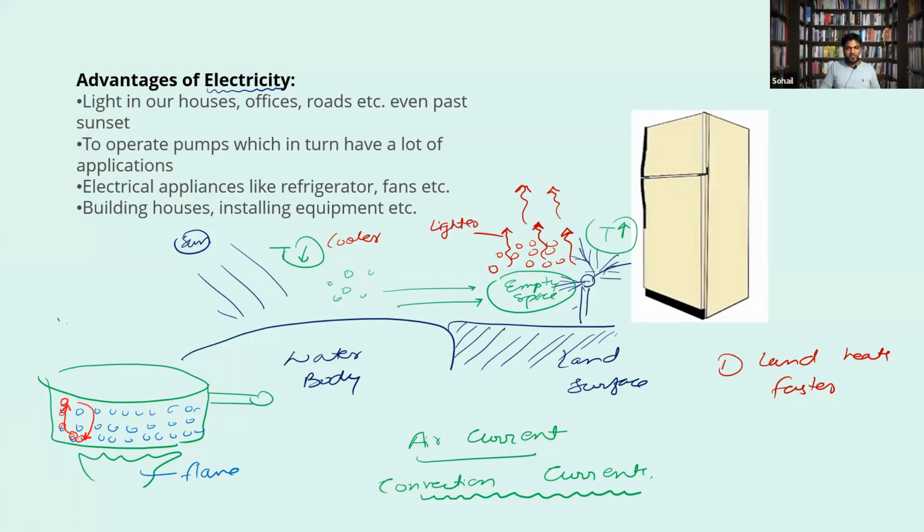Again it will become cooler, right? So यहाँ पर भी water molecules की movement हो रही है, इसलिए हम इसे कहते हैं water current, right? Or we call it as convection current in water. Convection current in water. Are you getting this or not?